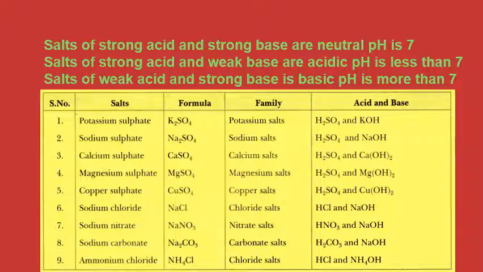That means when the pH value is less than 7, then it is an acidic salt, and when the pH value is more than 7, then it is a basic salt. That is your work you have to complete. Understand? Good. Just observe and find out, and write down in your notes which one is an acidic salt, which one is a basic salt.